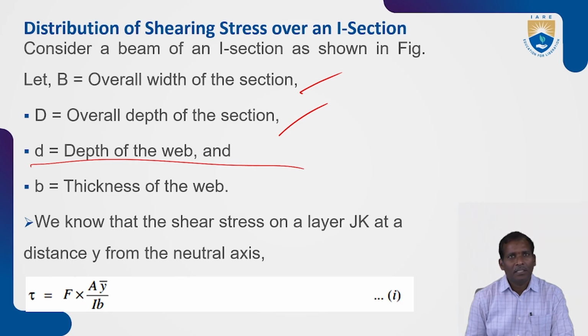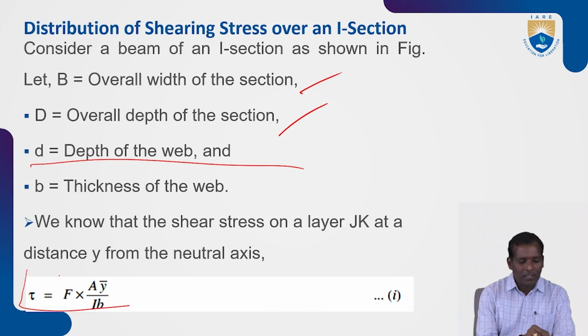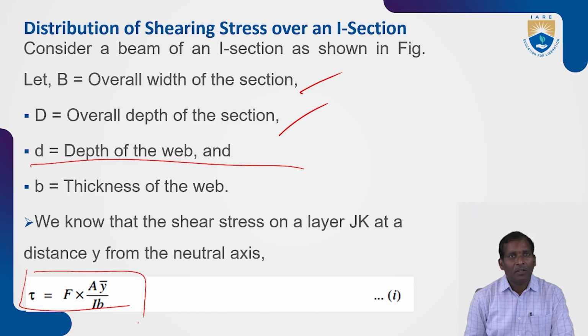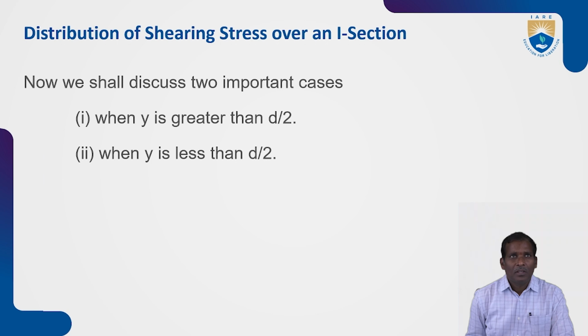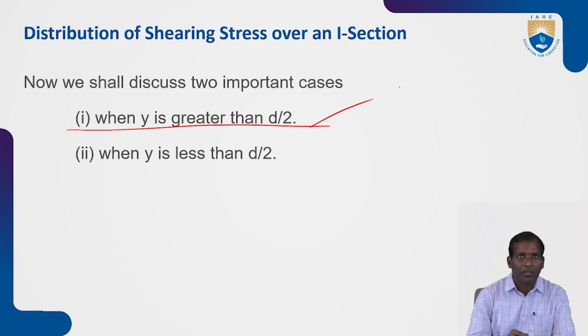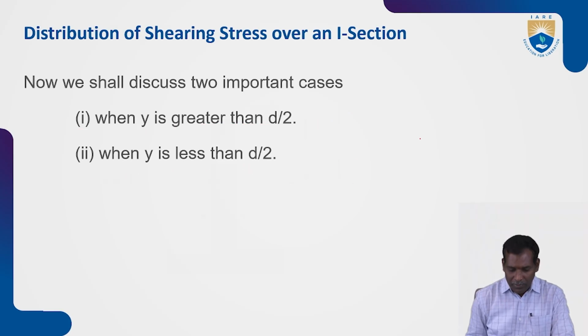We know that the shear stress on a layer JK at a distance y from the neutral axis is F into A y bar by I b, which we derived in a previous session. In the I section, I will discuss two important cases: when y is greater than d by 2 and when y is less than d by 2.